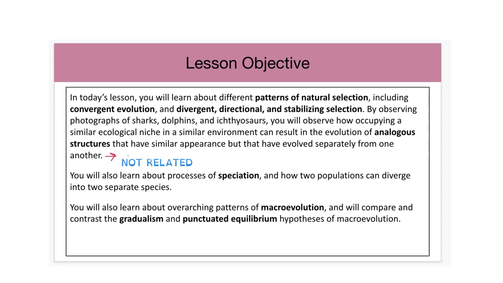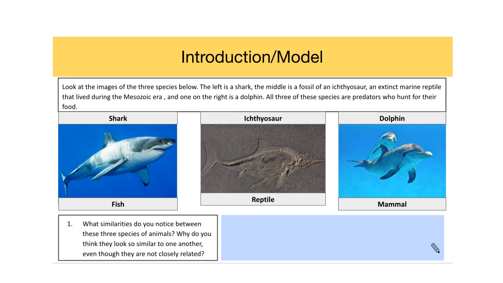You will also learn about processes of speciation and how two populations can diverge into two separate species. You will also learn about overarching patterns of macroevolution and will compare and contrast the gradualism and punctuated equilibrium hypothesis of macroevolution.